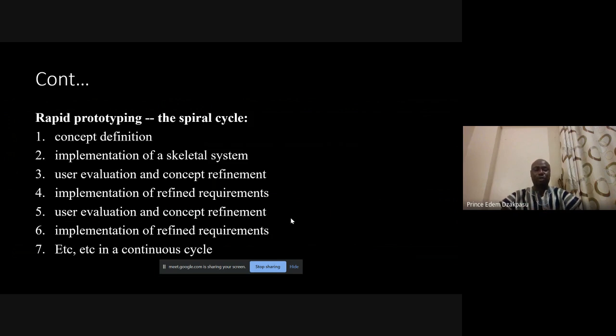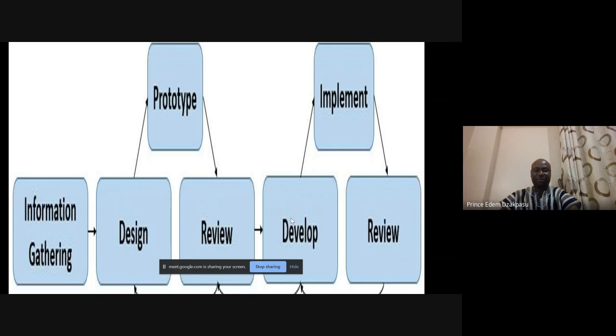Then we move on to user evaluation and concept refinement, implementation of the refined requirements, and this goes on in a continuous cycle. This is a diagram that I'll make available to you that follows like a conceptual framework that talks about prototyping.